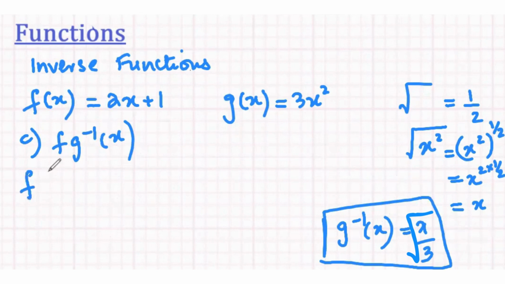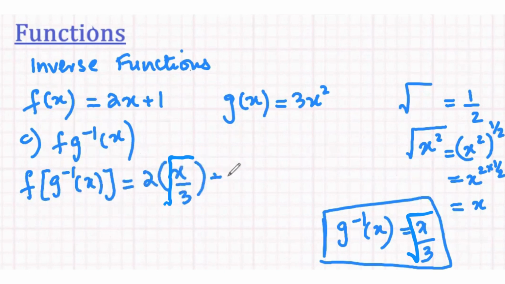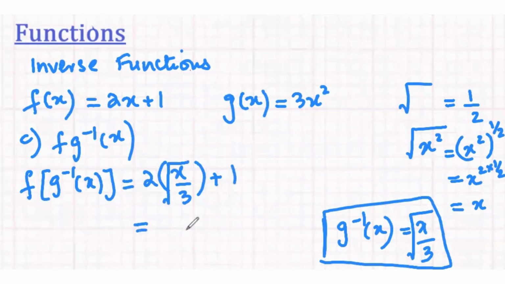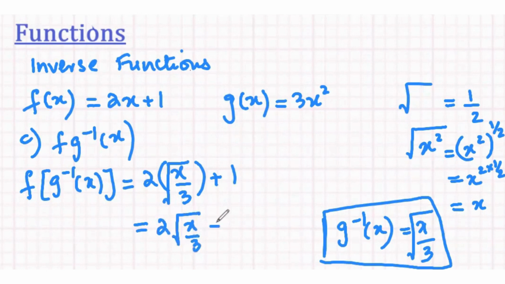So what we do is we replace the domain of f of x with g inverse of x. So that's going to be 2 times the square root of x over 3, plus 1, and that is your composite function of f of g inverse of x.